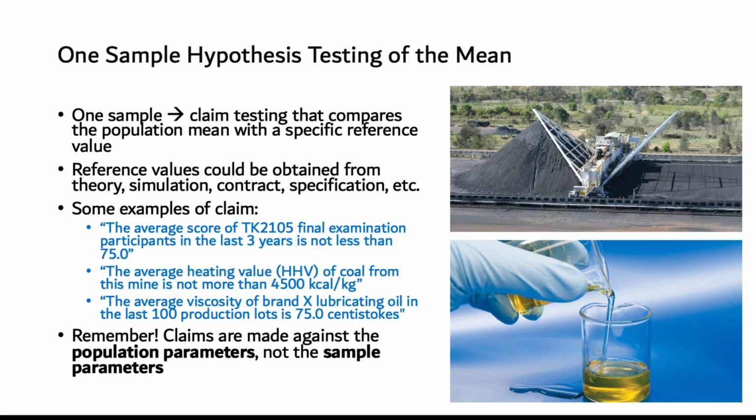Other example, the average heating value of coal from this mine is not more than 4,500 kilocalories per kilogram. Another example, the average viscosity of brand X lubricating oil in the last 100 production lots is 75 centistokes. Remember that the claims are made against the population parameters, not the sample parameter.